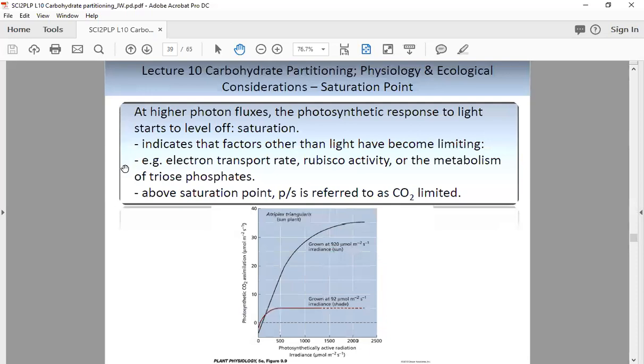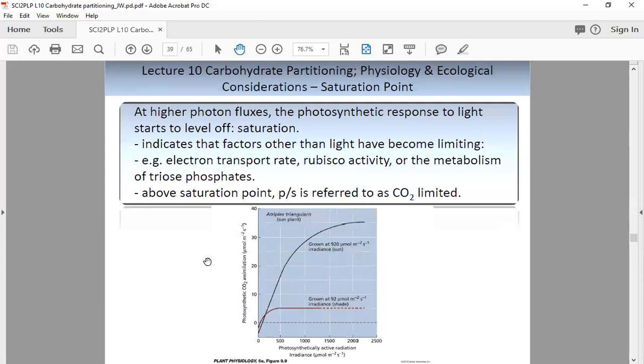Above the saturation point, photosynthesis is commonly referred to as carbon dioxide limited, as we described earlier. And this is thought to reflect the inability of the Calvin-Benson cycle enzymes to actually keep up with the production of ATP and NADPH that arise from the light-dependent reactions.